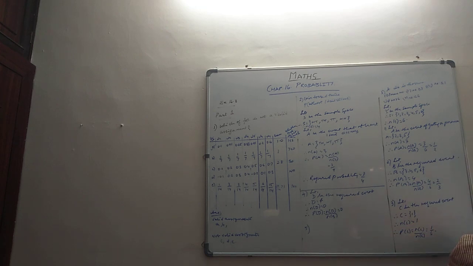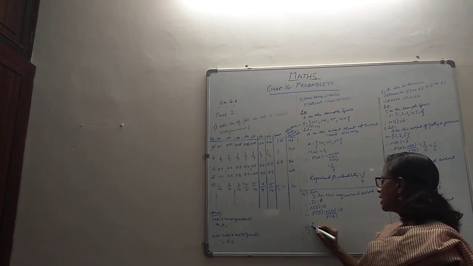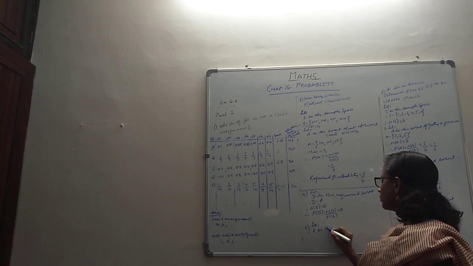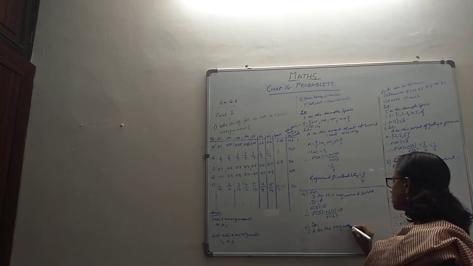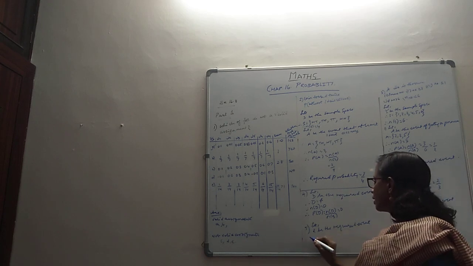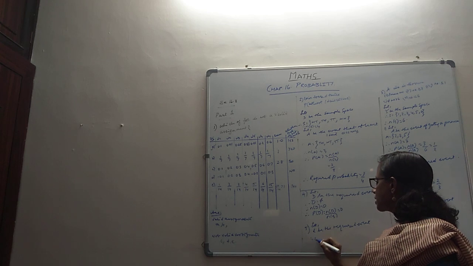And the last one, they say that you find all the numbers which are less than 6. 6 is not included, right? So let E be the required event. Then how do I list E?